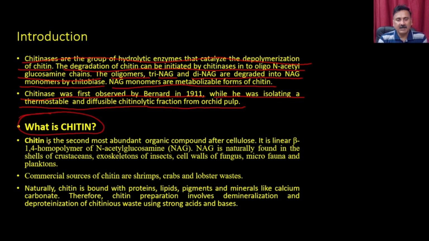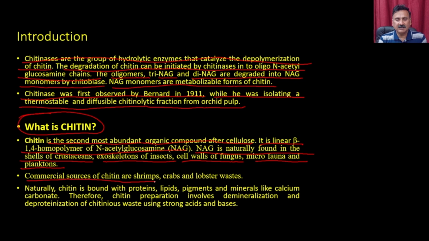Chitin is the second most abundant organic compound after cellulose. It is a linear beta-1,4 homopolymer of NAG. NAG is naturally found in the shells of crustaceans, the exoskeleton of insects, the cell wall of fungi, microfauna, and plankton.